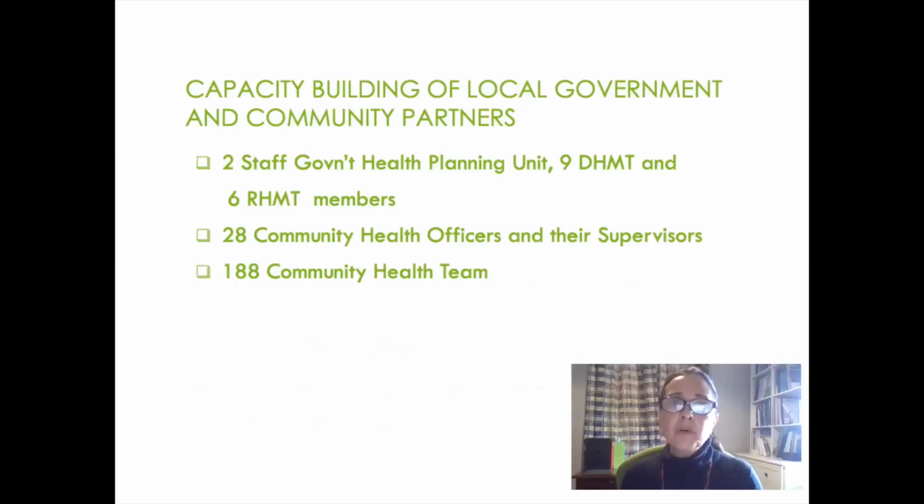There was a capacity building process that trained 2 staff from the government health planning unit, 9 from the district health management team, and 6 from the regional health management team. 28 community health officers and their supervisors were trained, and 188 community health team members. This included community health committees.